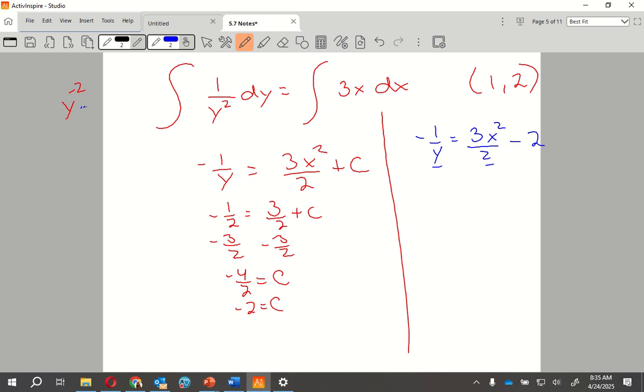So if I multiply by 2y over here, the y's will cancel and I get negative 2.